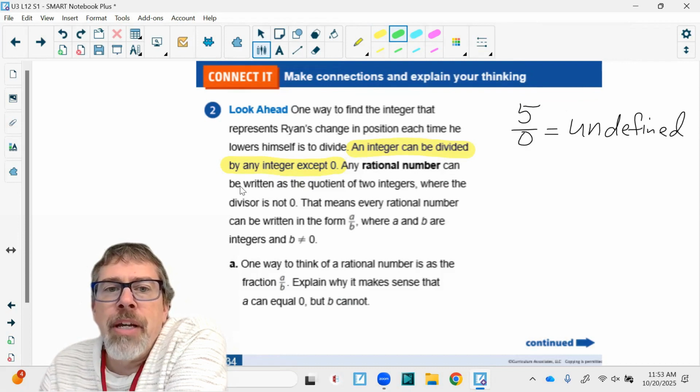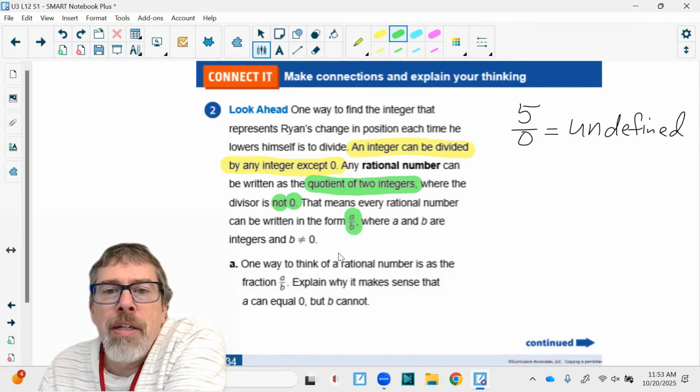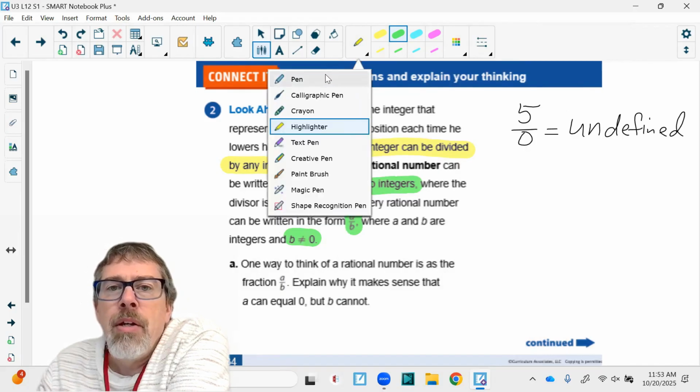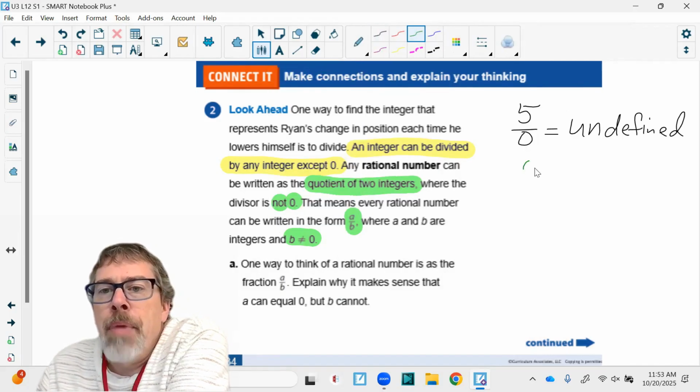Any rational number can be written as the quotient of two integers, where the divisor is not 0. That means every rational number can be written in the form of a divided by b, where a and b are integers. However, b cannot be 0. But a can be 0. So we can take 0 things and divide them amongst 5 people.